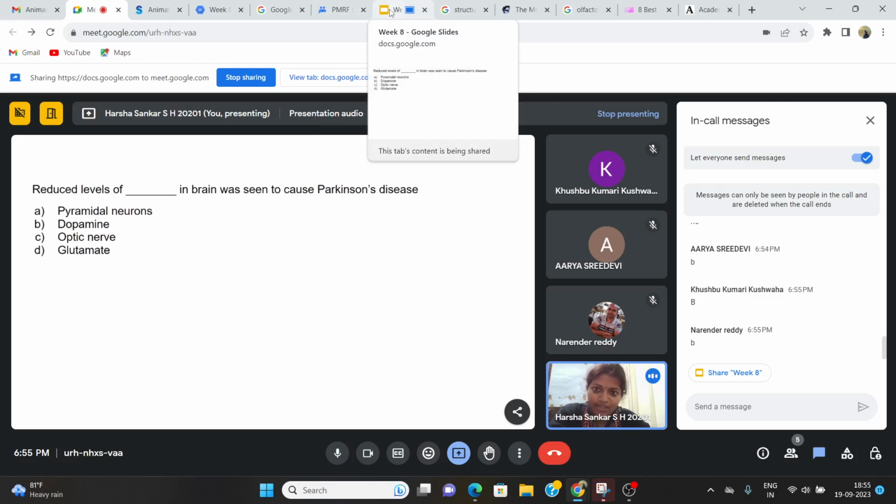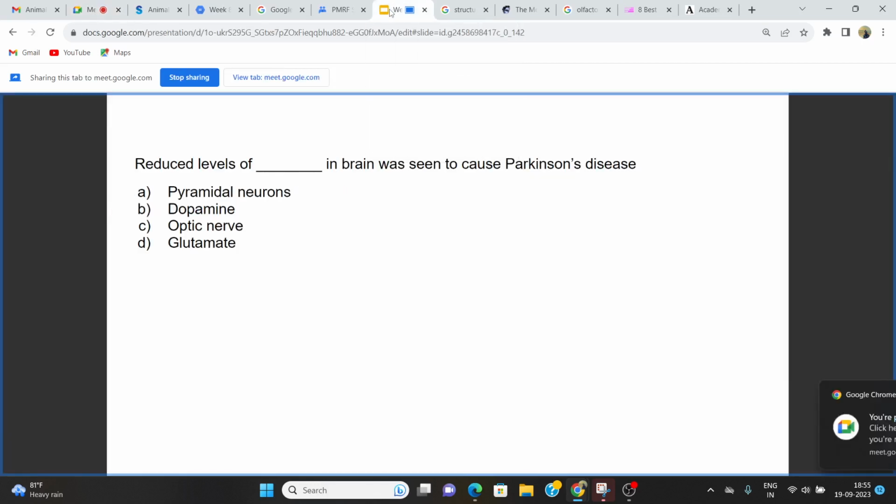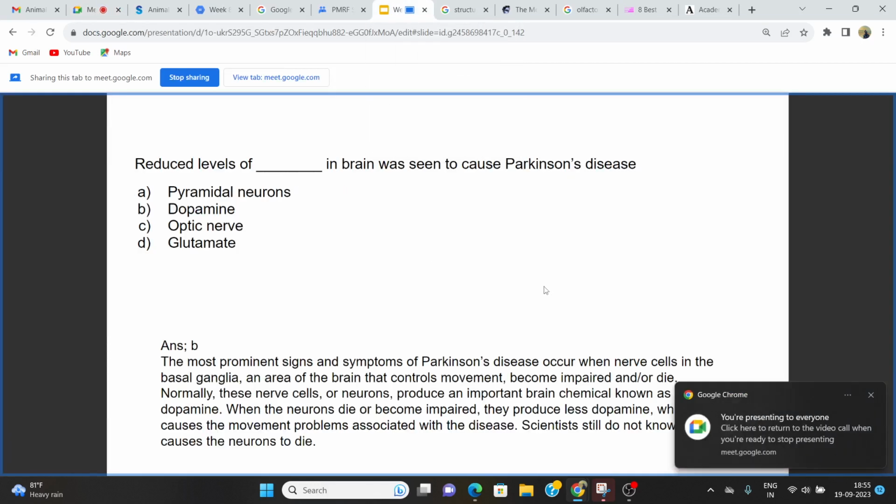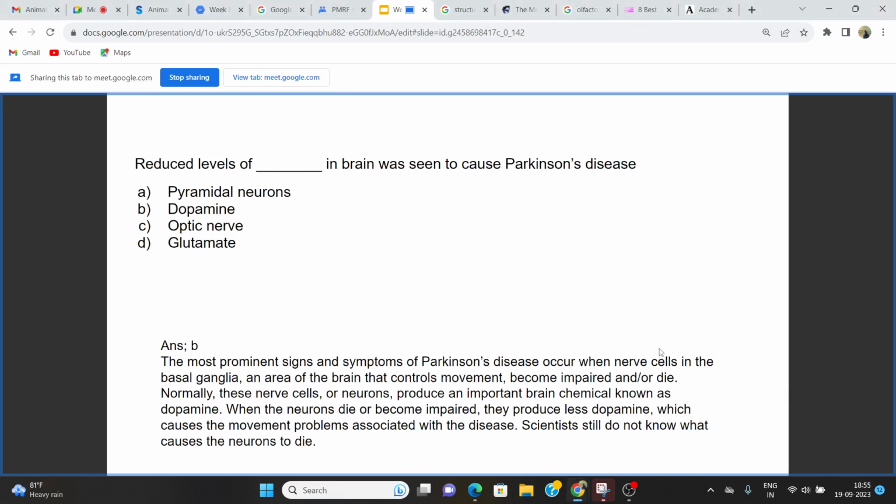As a result, the dopamine level reduces in the body. So you can read the explanation also. If you have any doubt in the explanation, you can ask.